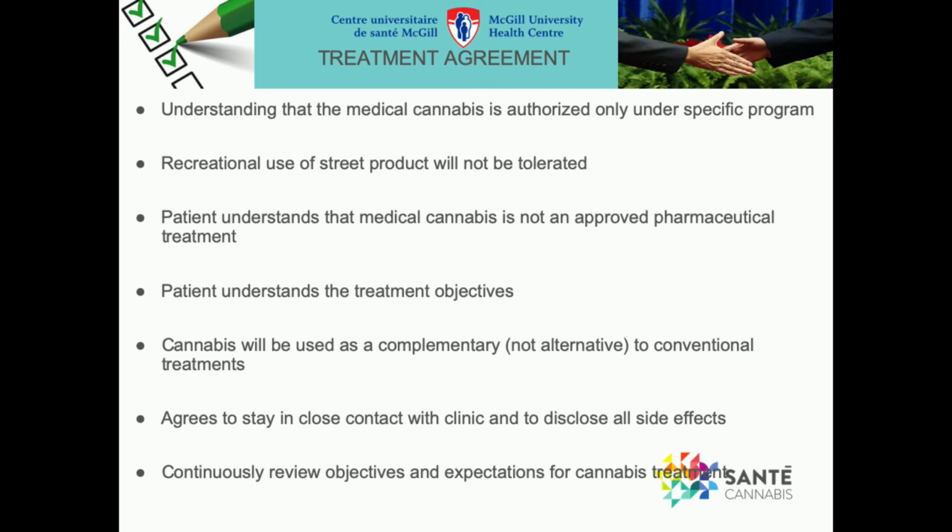Make sure that the patient understands the objectives, and that the cannabis will be used as a complementary treatment with all the other medication or approaches that he is using, and it will not be an alternative treatment, always a complementary treatment. And to stay in contact with the clinic and to disclose the side effects. And we review the objectives over time and expectations for cannabis treatment.